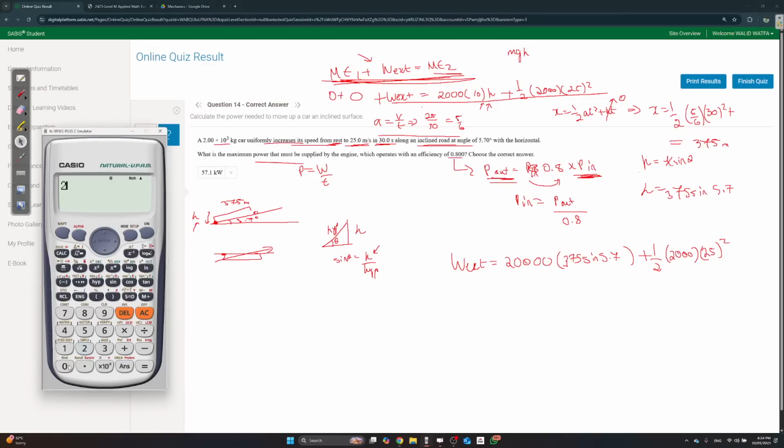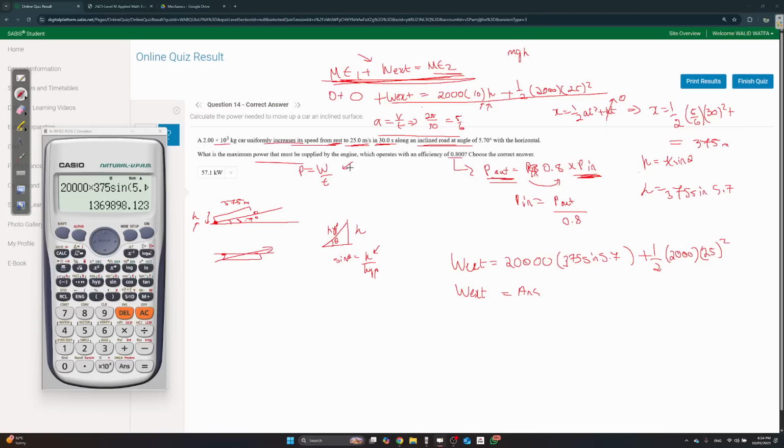We're going to get 20,000 times 375 sine 5.7 degrees plus half into 2000 times 25 squared. You're going to get this very long number, right? So we got what W external is. I'm just going to label this as answer because this is very long.